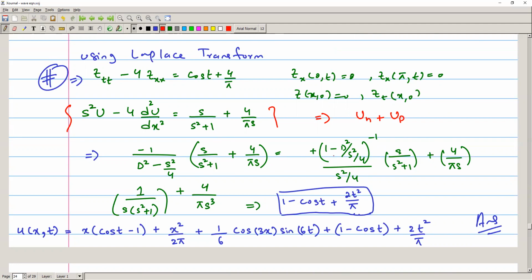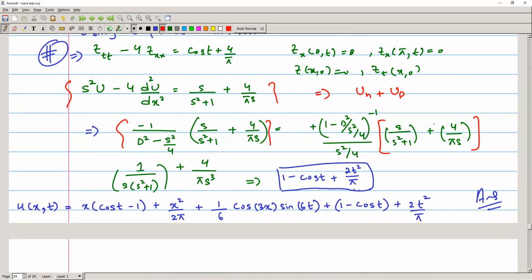From here we can see that we can transfer this to the numerator, (D squared minus s squared over 4) with negative power 1. And then we will multiply it by this whole function, right? The derivative of this function will be 0.